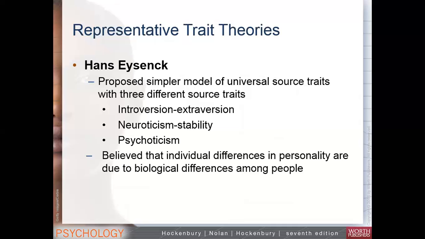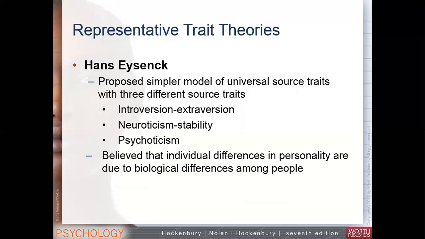And so he basically said you can combine these into 4 basic personality types using these 3 universal source traits. You could be introverted neurotic, introverted stable, extroverted neurotic, or extroverted stable. And in essence, the psychoticism part was an extra trait that was added on top of that. But there are 4 basic types of that.